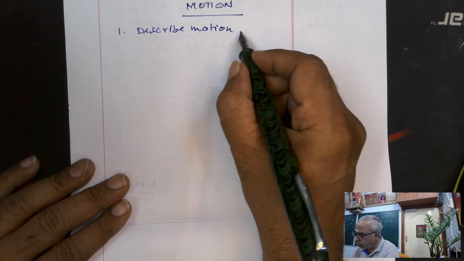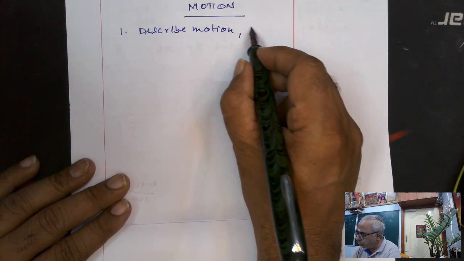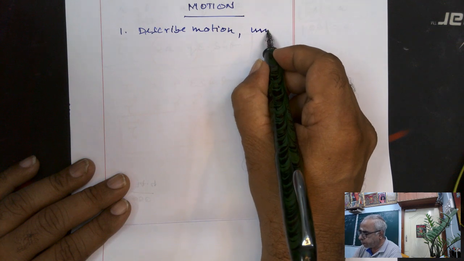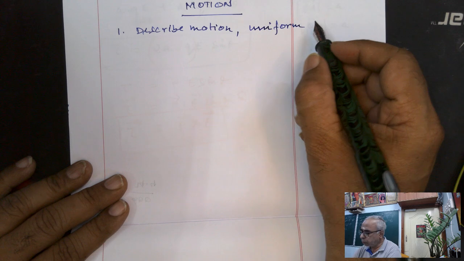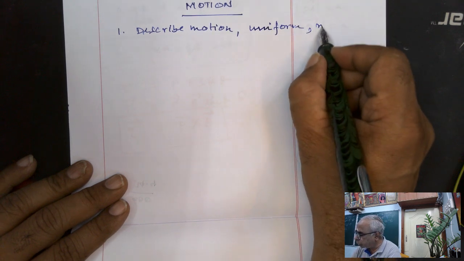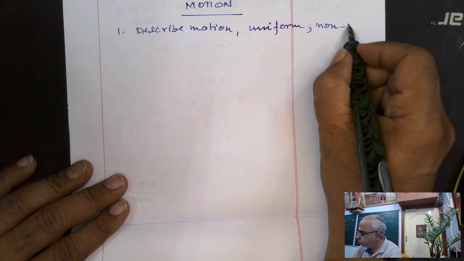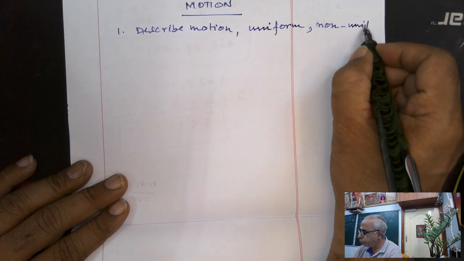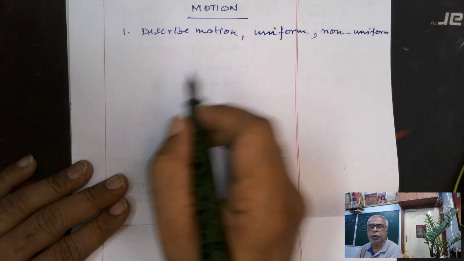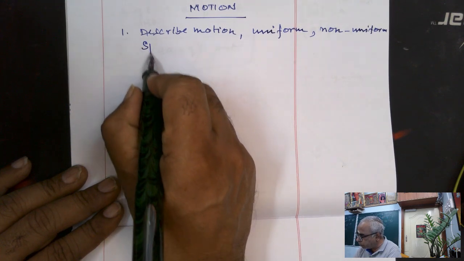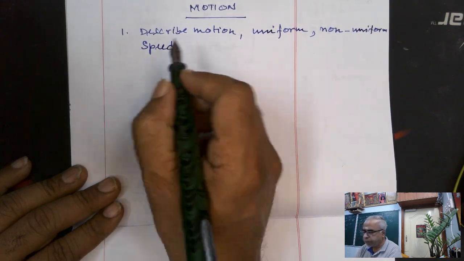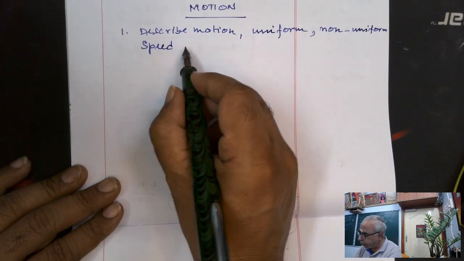Then we'll be talking about what is uniform motion, non-uniform motion. Then we will describe speed with the direction.